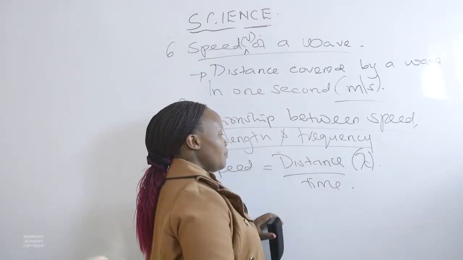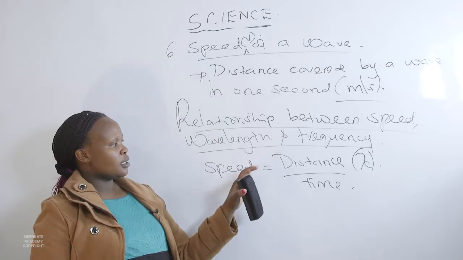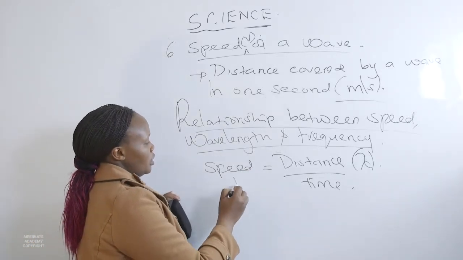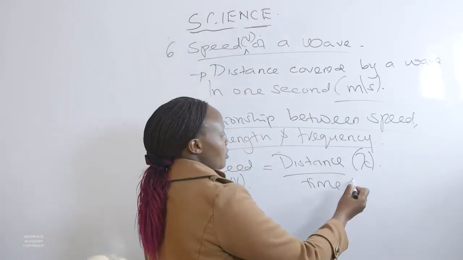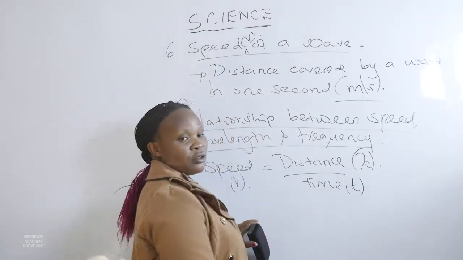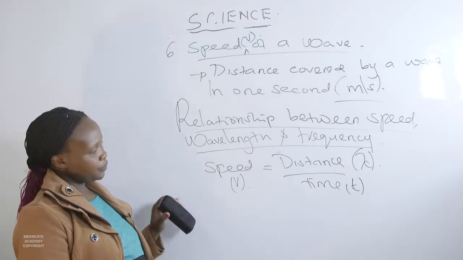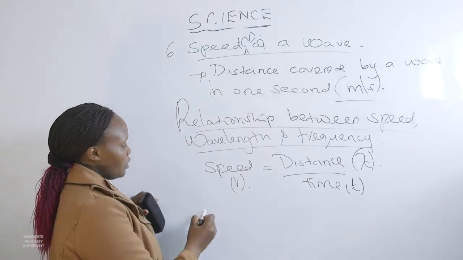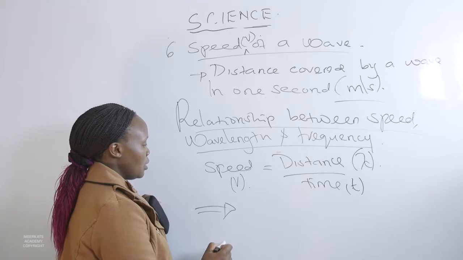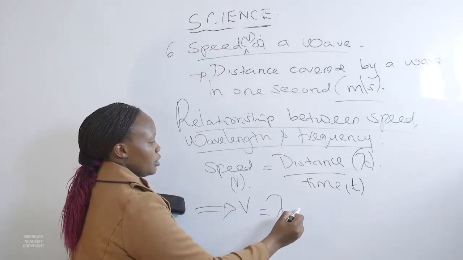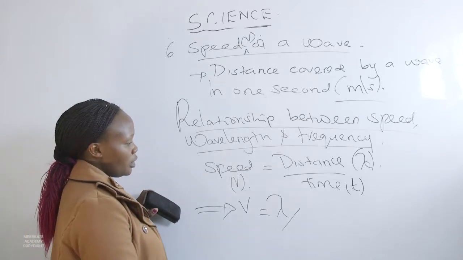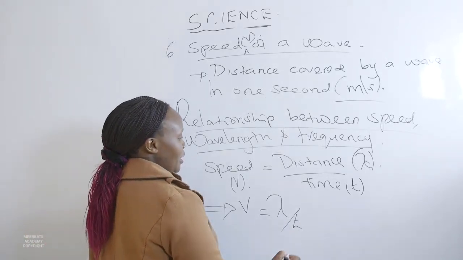Time, we can also give it T. Therefore, V is going to be equal to lambda over T.